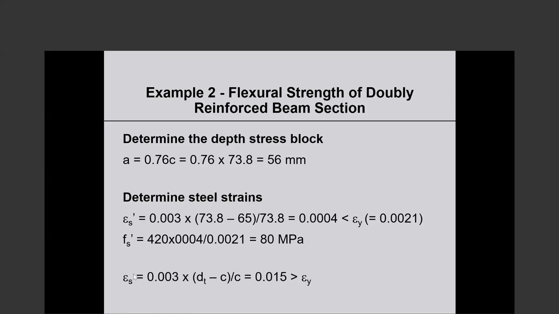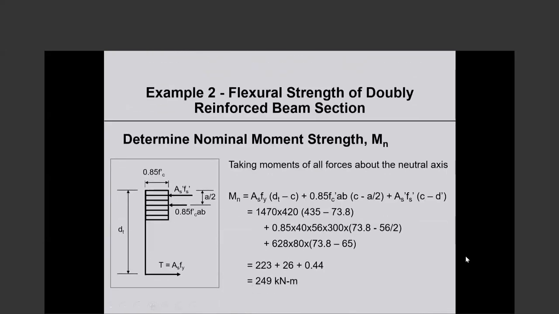The strain in the tension reinforcement by straight line strain distribution is 0.015, which is way over the yield strain. So the tension reinforcement is yielding as we postulated. Remember, our assumption was compression reinforcement is not yielding, tension reinforcement is yielding. Both assumptions turn out to be good.